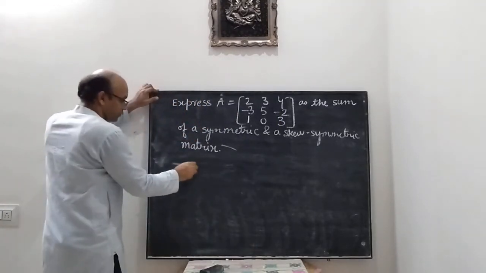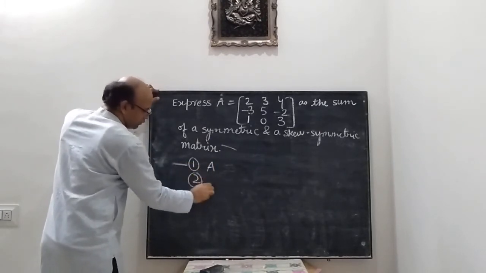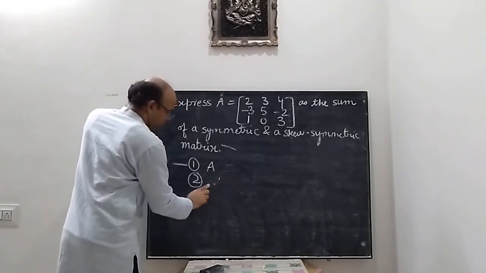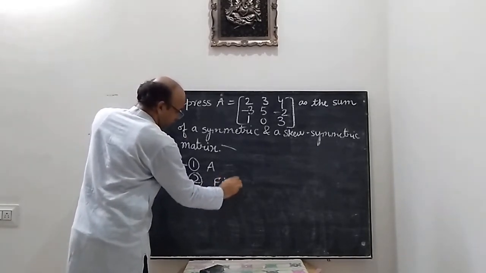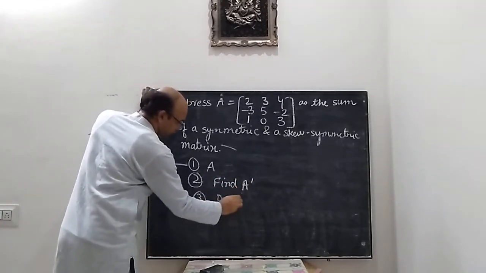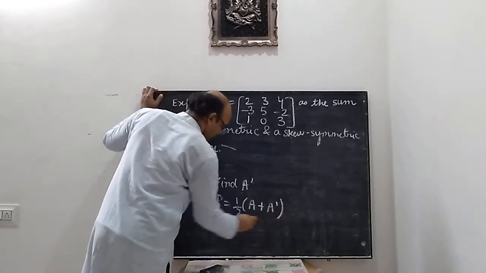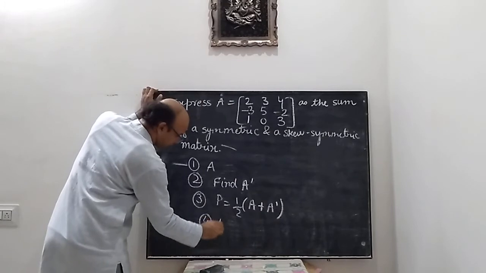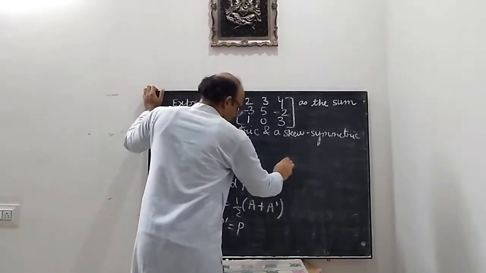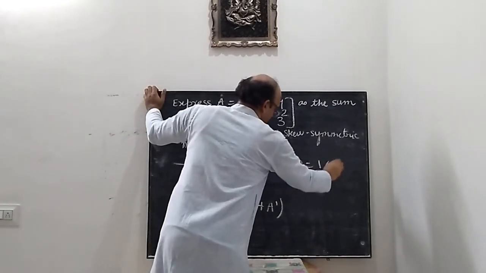So what are the steps to solve this one? You have the matrix A with you. We find A transpose. Then we evaluate P, half of A plus A transpose, and show that P transpose is equal to P. Then you have the matrix Q, half of A minus A transpose.